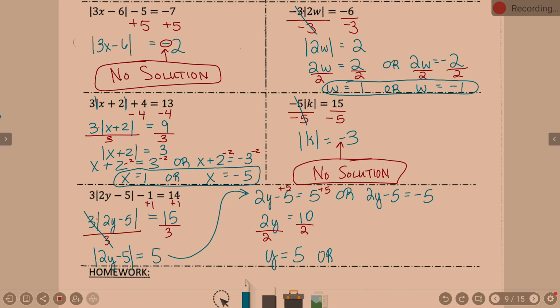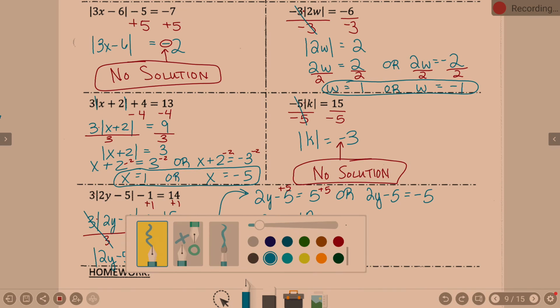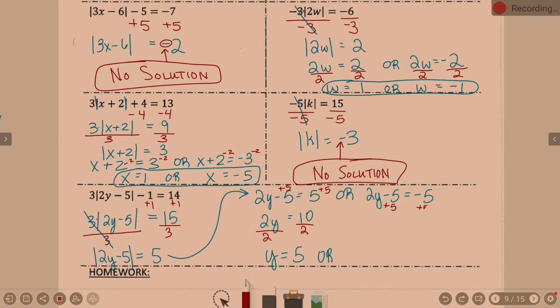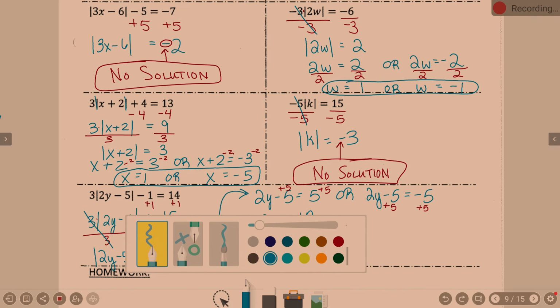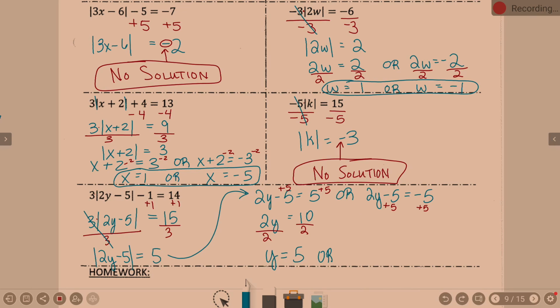Okay, it's 2y minus 5 equals negative 5. We're going to add the 5. Now on this one, minus 5 plus 5 cancels again. Negative 5 plus 5 is what?